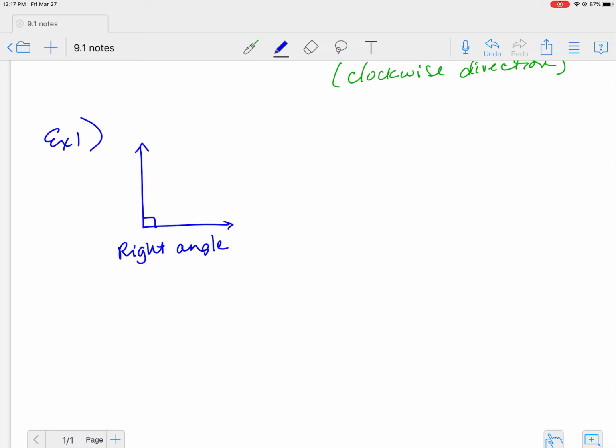Right angle. Good. With this right angle, what does a right angle measure up to be? 90 degrees. Okay. So what if I split this up and say that this angle measurement is going to be 3x degrees, and this angle measurement up here is going to be 6x degrees, and we want to find x.